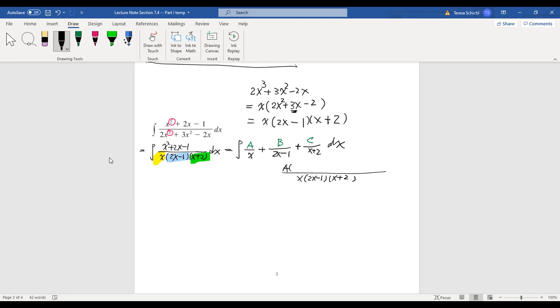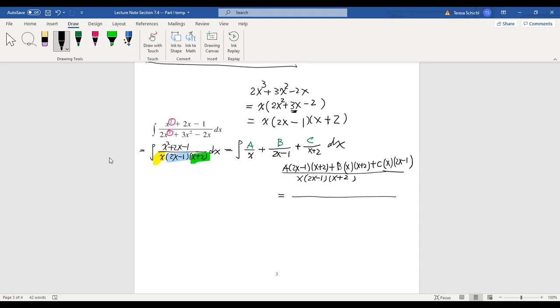A is under the x, so A is 2x minus 1, x plus 2. Correct? And then B is what? B is 2x minus 1 here. So I have x plus 2. Then what is C? C is x times 2x minus 1. Am I right? Okay.